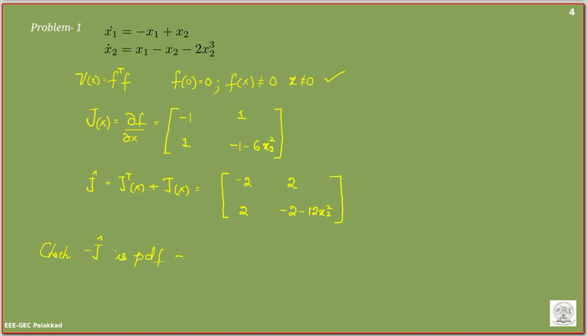So how do we check it? This implies we have 2, minus 2, minus 2, 2 plus 12 x2 squared. In order to check the positive definiteness of this, we can either check the eigenvalues of the system and check whether all the lambdas are greater than 0 for all x, or we can check the principal minors. 2 is the principal minor, and 2 is greater than 0.